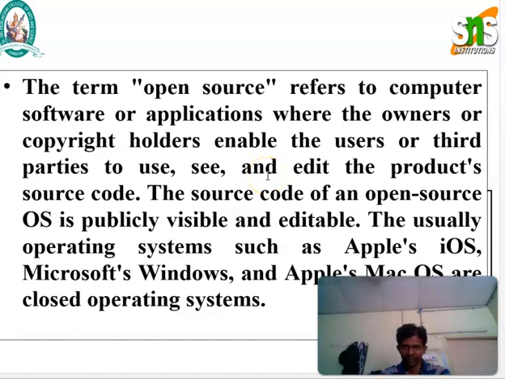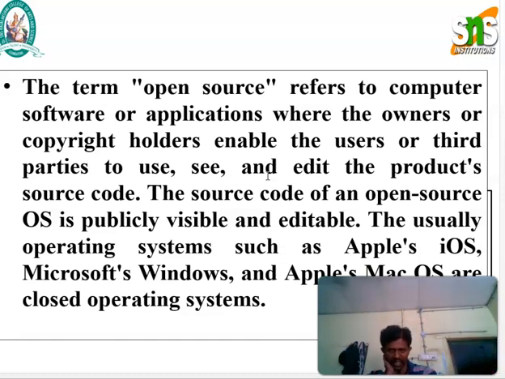Yes, the term open source refers to computer software or applications where the owner or copyright holders enable the users or third parties to use, see, and edit the product source code.